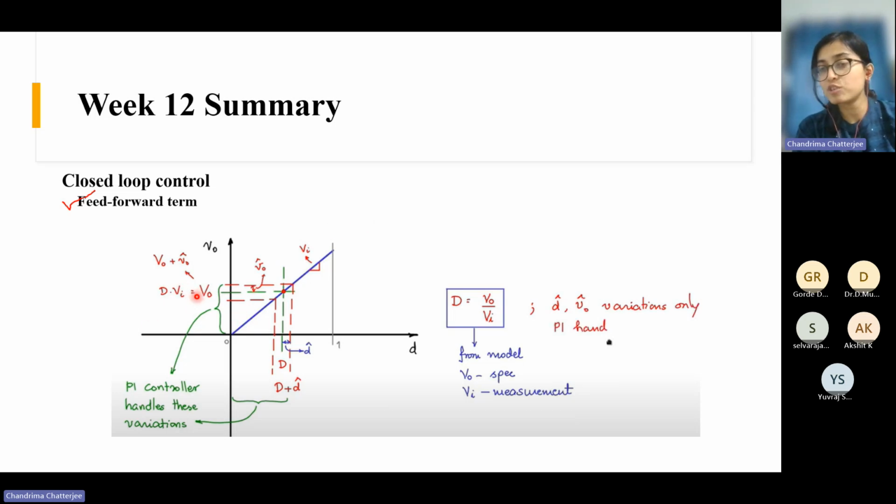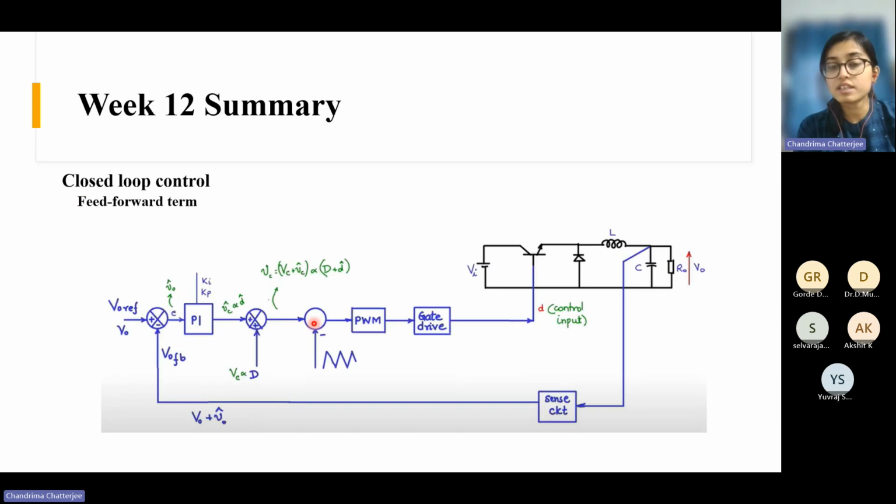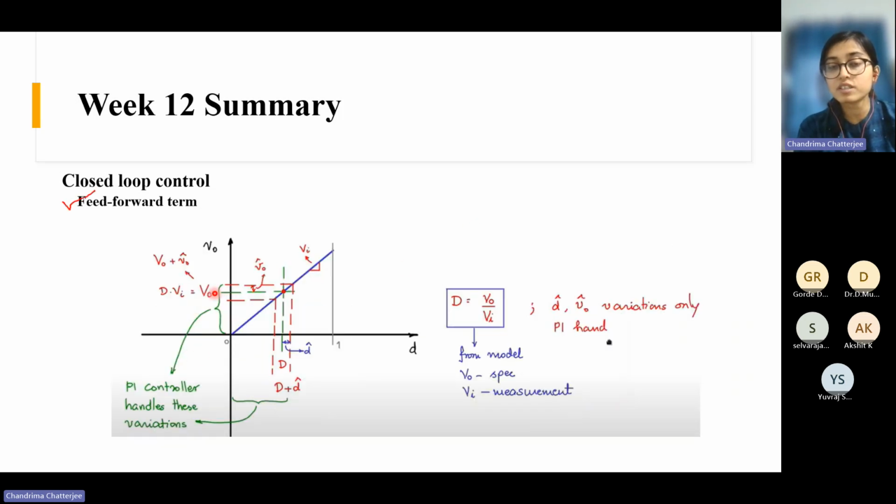If we know how much output voltage we require, and we also know our input voltage, we will know the steady state D, right? And we can directly feed it here so that the controller will only have to take care of these small disturbances. It will not have to generate the total D, right?